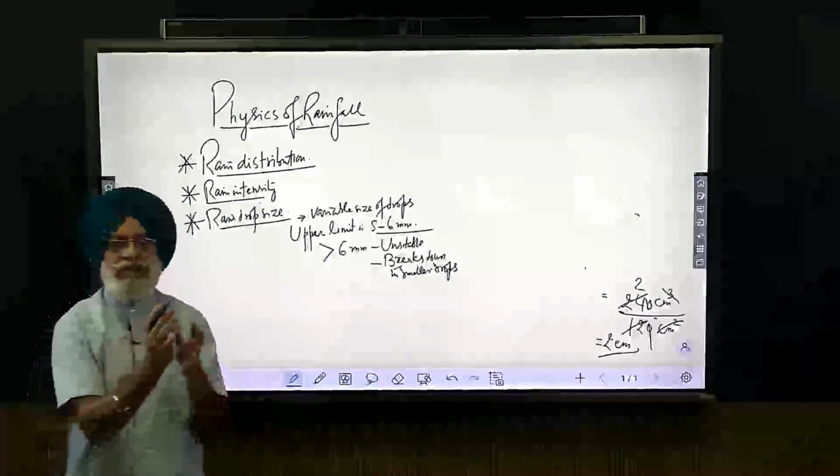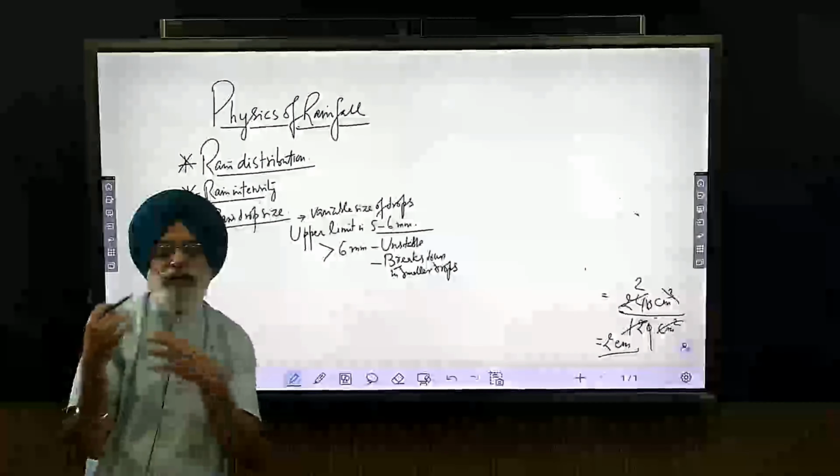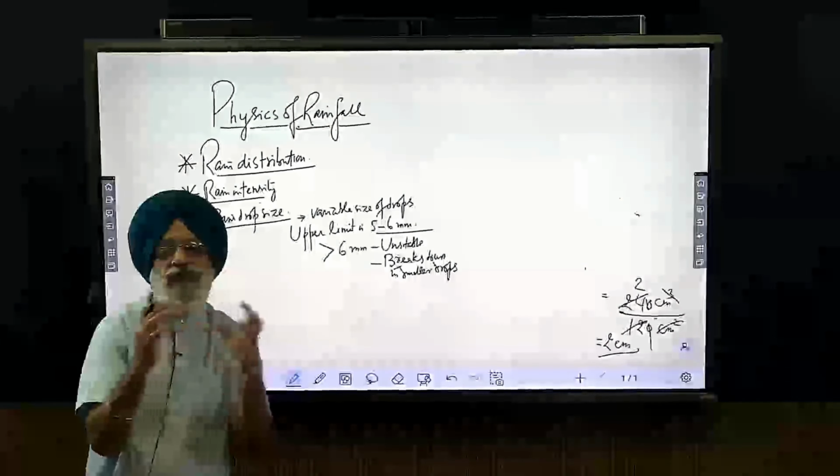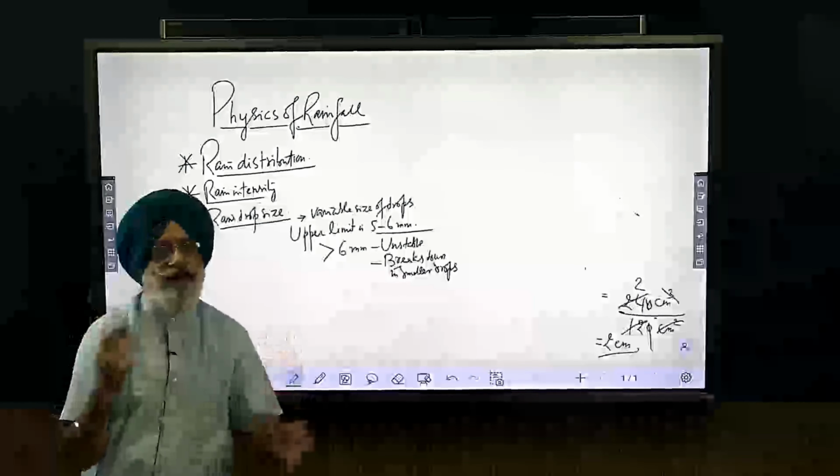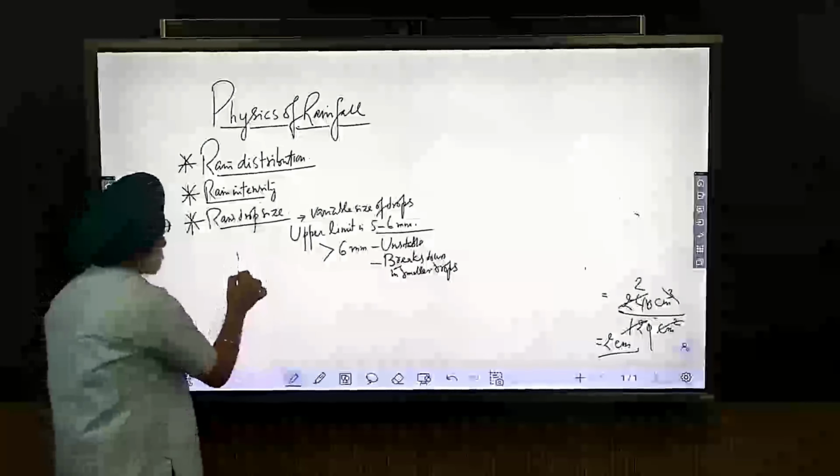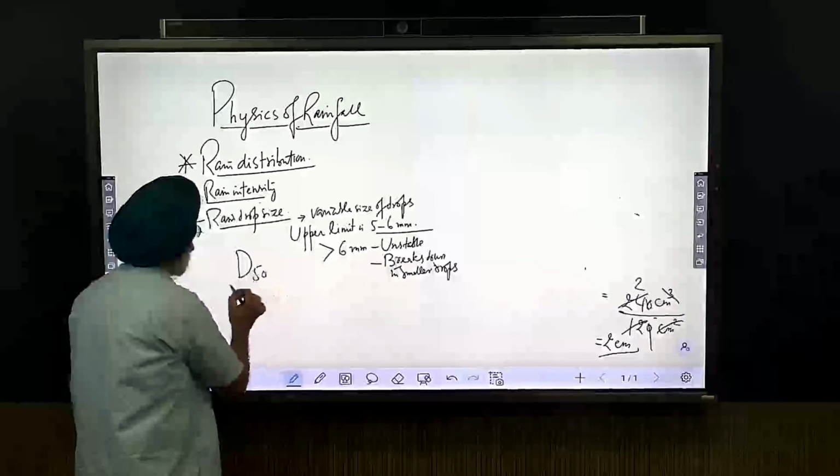Now, as I said, you have a spectrum of raindrops. Then how can you say what is the actual drop size or average drop size? In that case, we have a parameter called D50.